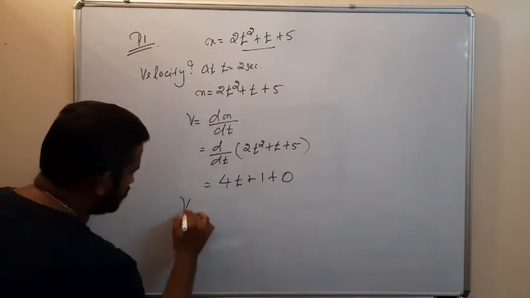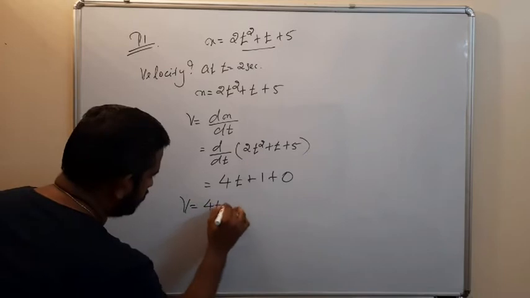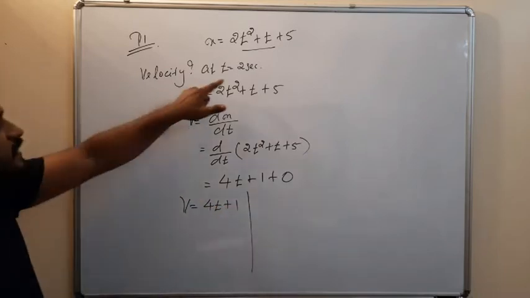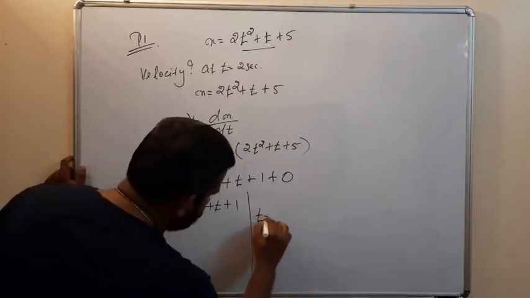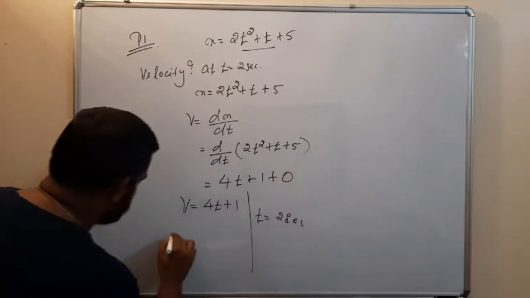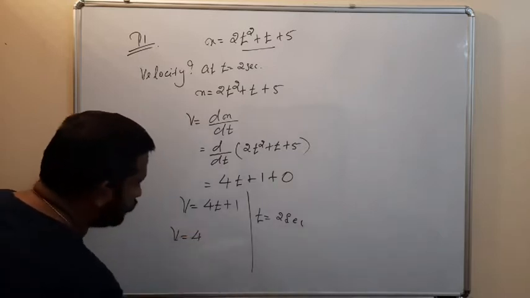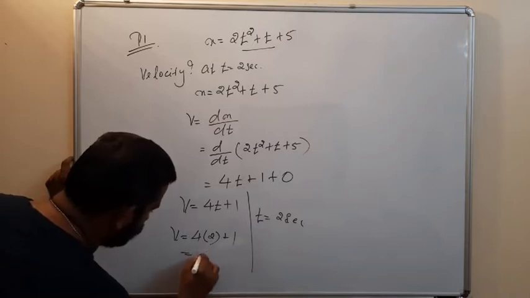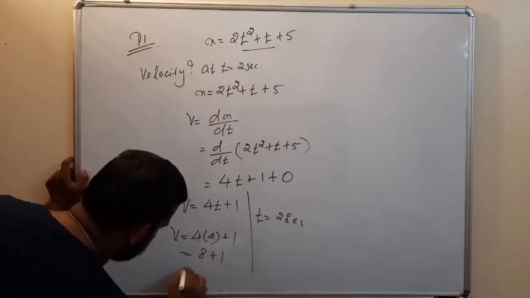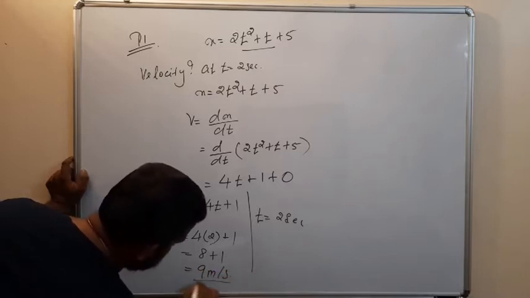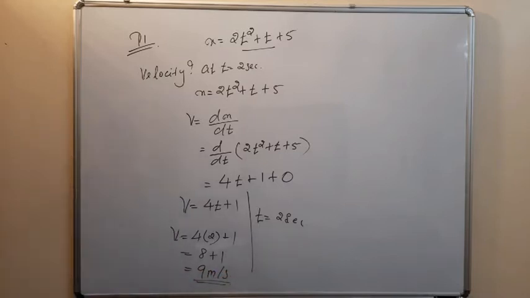So v is equal to 4t plus 1. At t is equal to 2 seconds, v is equal to 4 into 2 plus 1. 4 into 2 is 8, 8 plus 1 is 9 meter per second. That is the answer.